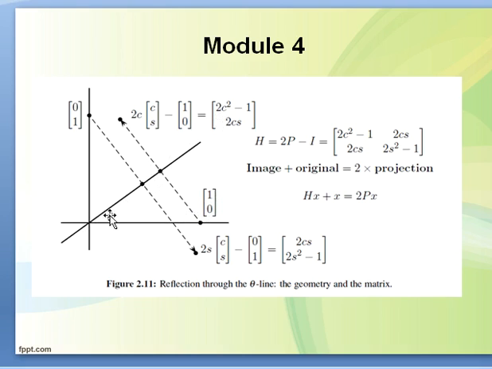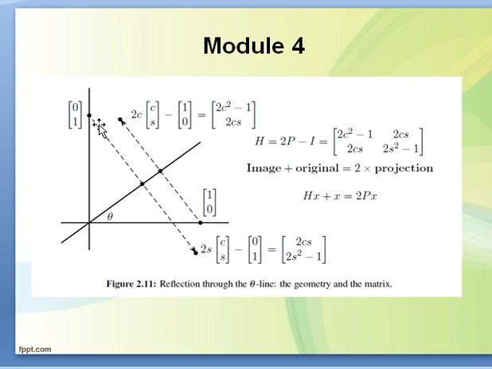When theta is something other than 45, the reflection of the 1 0 point may not lie on the y-axis, so it may be here. And similarly, the reflection of the 0 1 point may lie somewhere else, not on the x-axis. Then in those cases we need to know how the coordinates of that reflection vector are to be found. So for that, this thing is there.